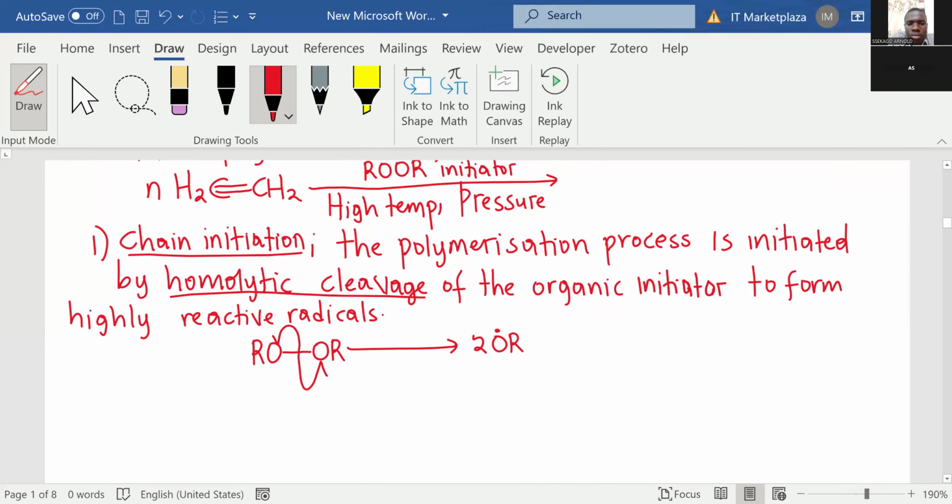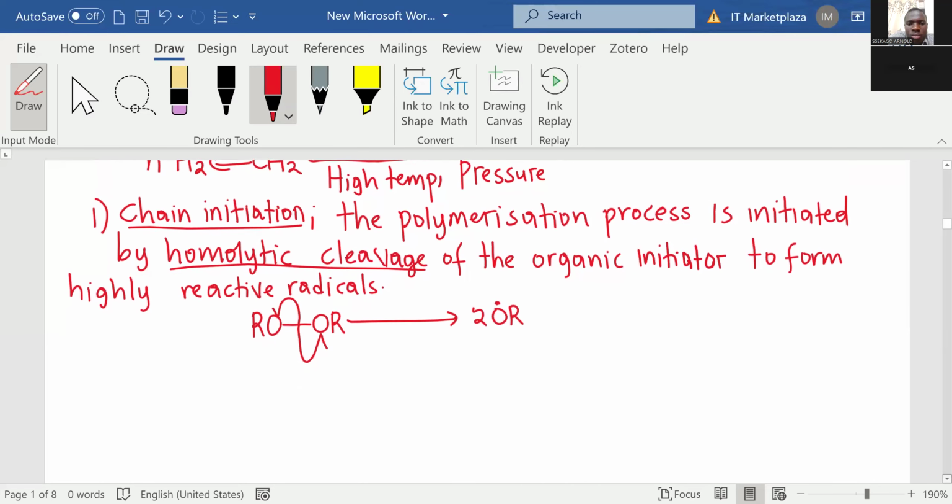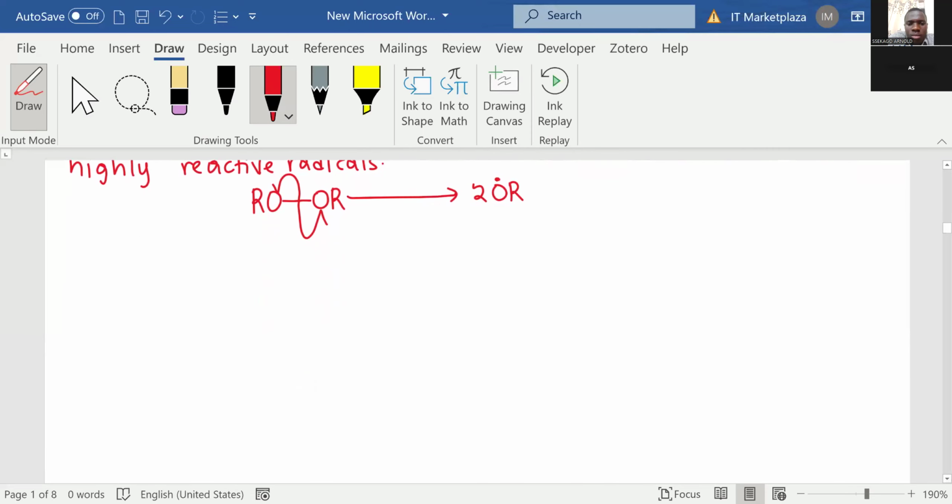Then step two, we have chain elongation, which is the chain propagation.